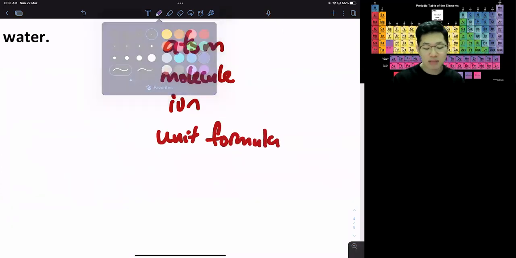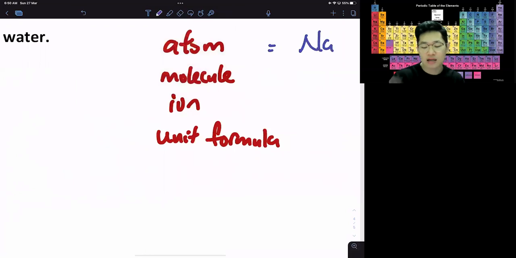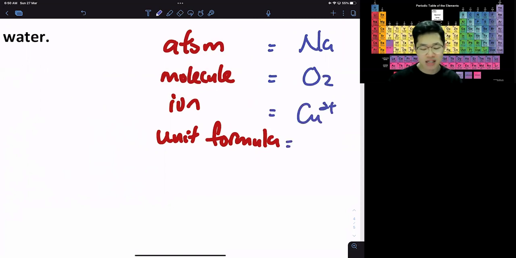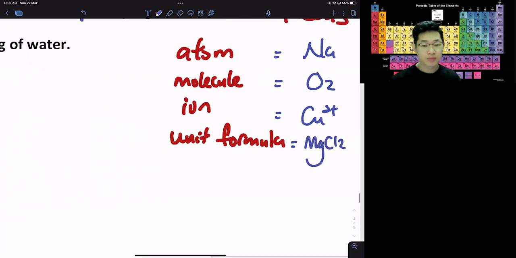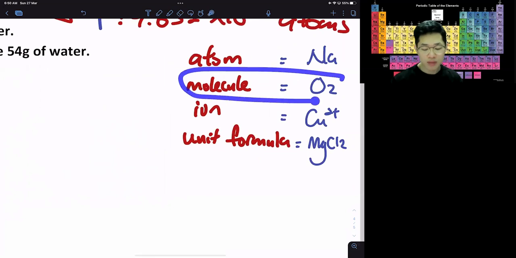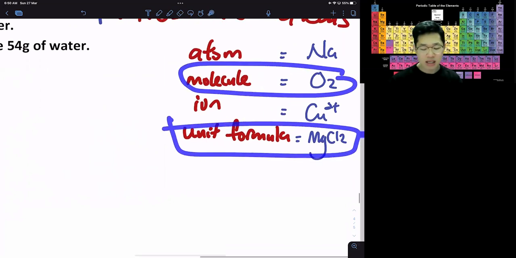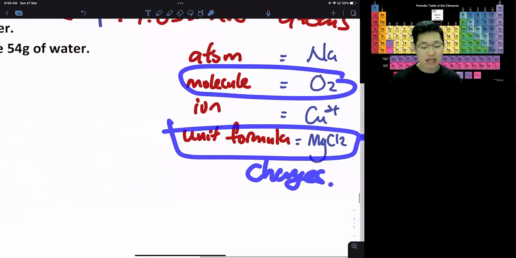Example of atoms is like Na. Molecule is like O2. Ion, Cu2 plus. And unit formula is like the one just now. Okay, let's say MgCl2. So the difference between molecule and unit formula is this one has charges. This one doesn't have charge.